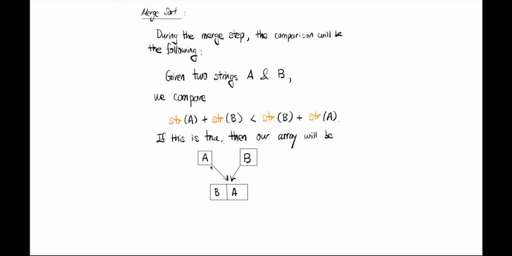We check if string a plus string b is smaller than string b plus string a. If this is true, then we put b in front of a. So just keep in mind how merge sort works.